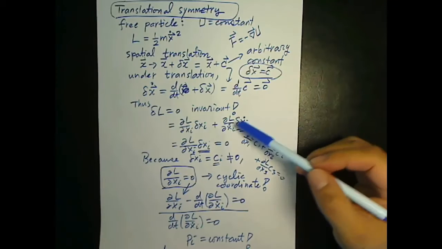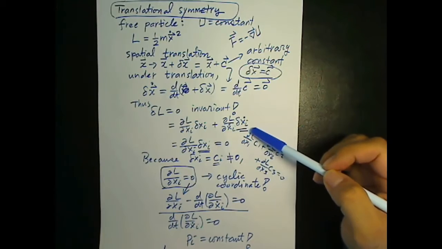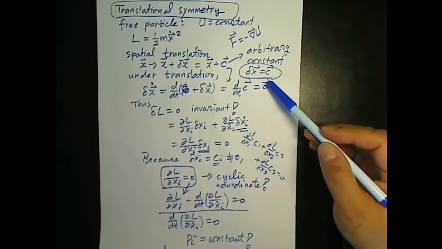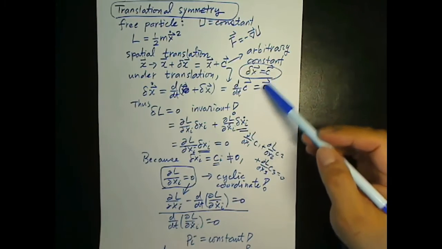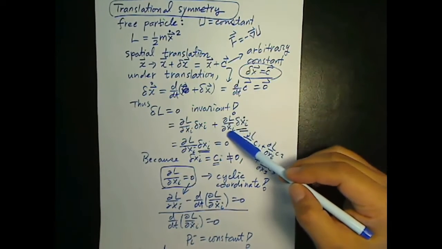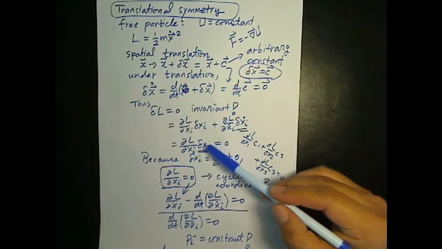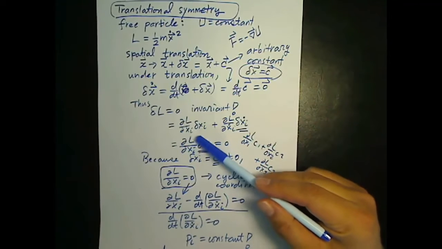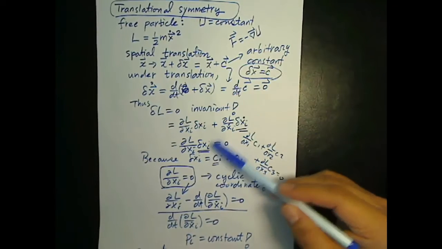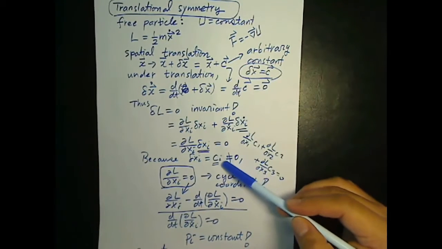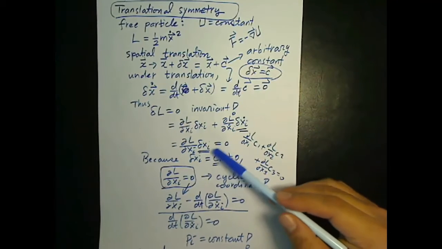As we already have seen, this delta x dot is zero, even though delta x is non-zero. So this term is vanishing completely. Now we have delta x_i, which is c_i. This c_i is not zero; it is just a non-vanishing constant.